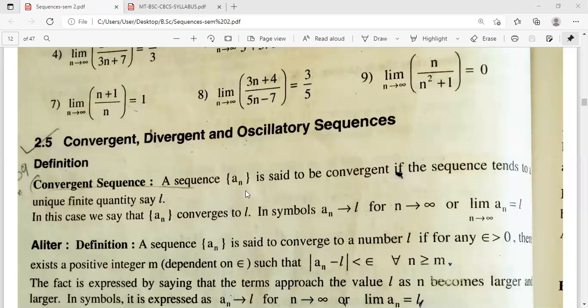Convergent sequence means you have to get L as a finite unique quantity, one and only one, with no other option. That is called unique.